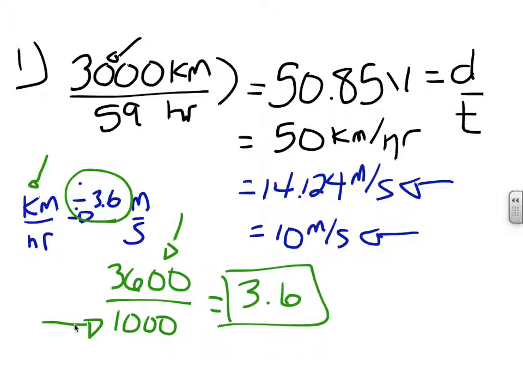Same thing with kilo. Kilo means by definition 1,000. You're not going to find a kilometer that gave you an extra and you got 1,003 meters in that kilometer. It's always going to be exactly 1,000. So we know with no uncertainty that this 3.6 number works out. So basically, if you have 10 coming in, you're going to have 10 coming out if you use this conversion factor. You're always going to have the same number of sig figs, so that won't count.